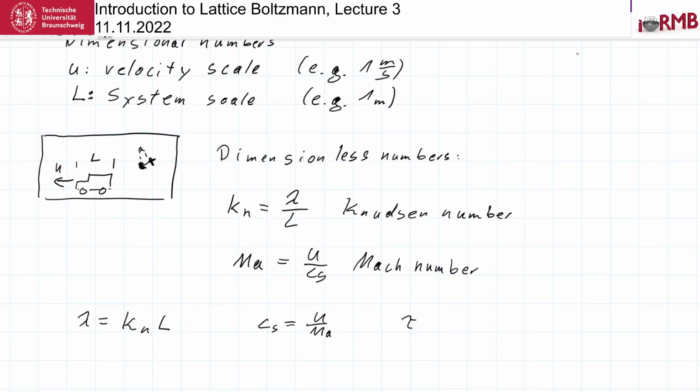And tau, because it is proportional to lambda divided by Cs, we'll find that this is Knudsen times Mach times L divided by U. So it is sometimes found useful to express these small dimensional variables, which are usually too small to measure, in terms of the macroscopic variables and these dimensionless numbers.